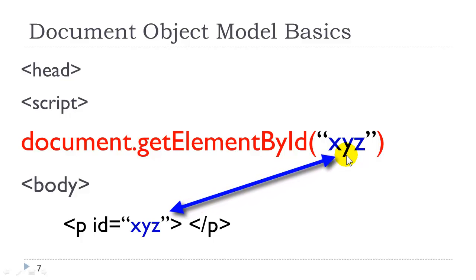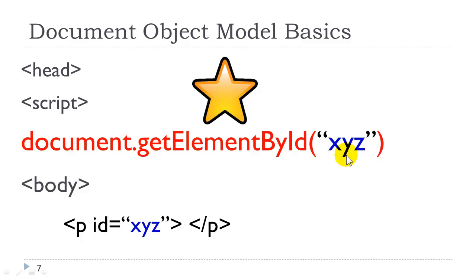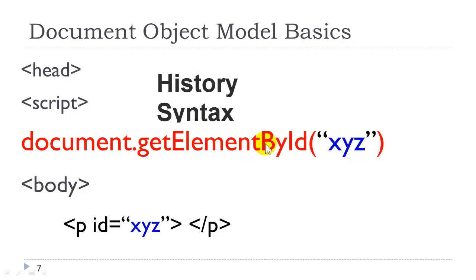This is the way that we can access something on the web page. This is a very popular use of JavaScript, even in the industry today. Notice the way that this method is spelled. Capital E, capital B, capital I. This is our camel case syntax.